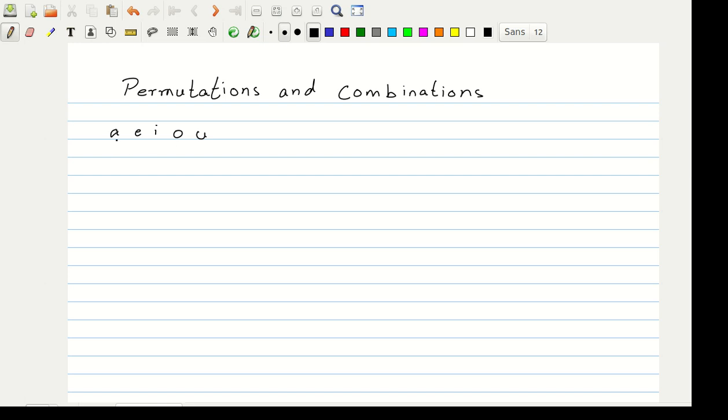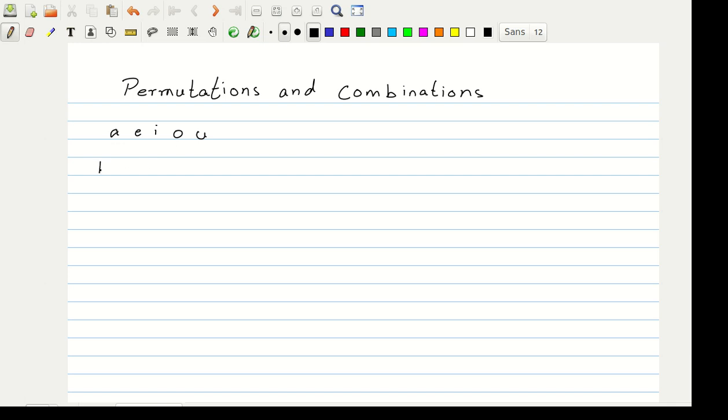So let us consider that we have these 5 letters A, E, I, O and U, and we want to arrange 2 of them at a time out of these 5 letters.